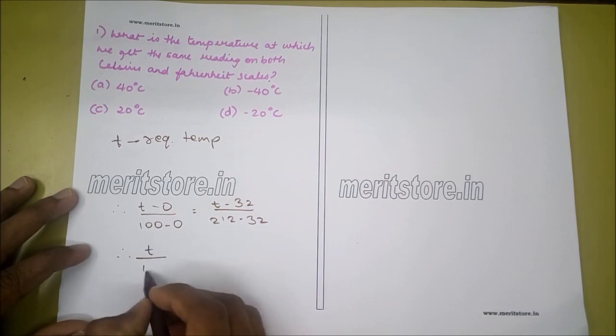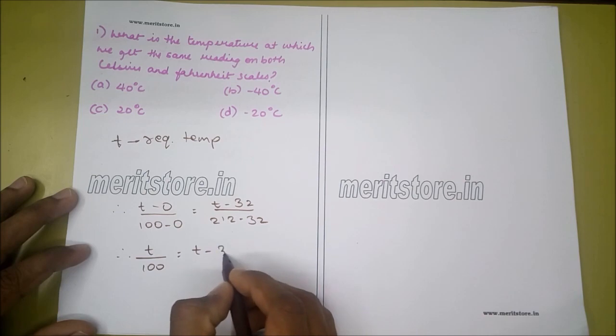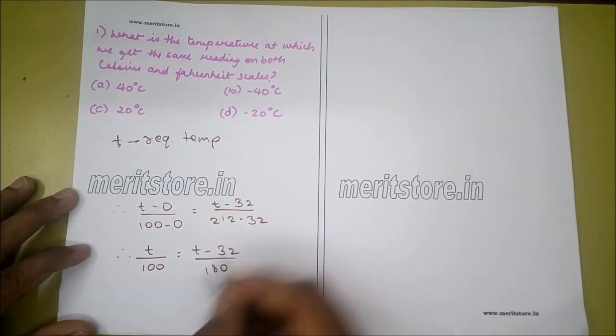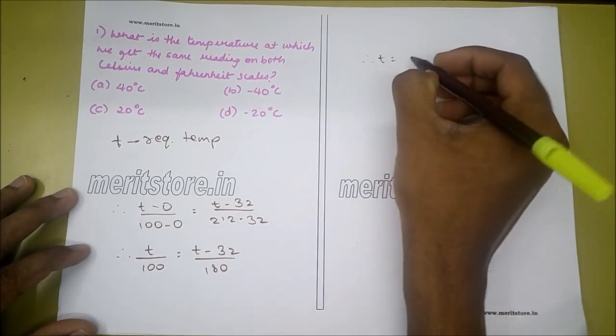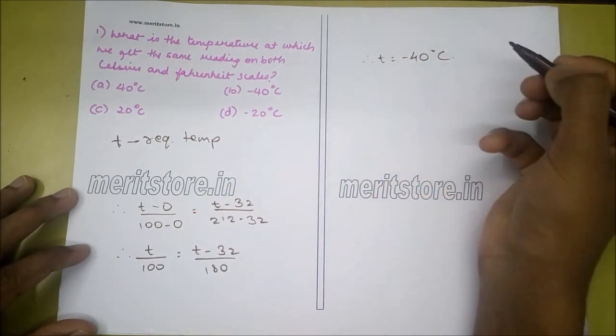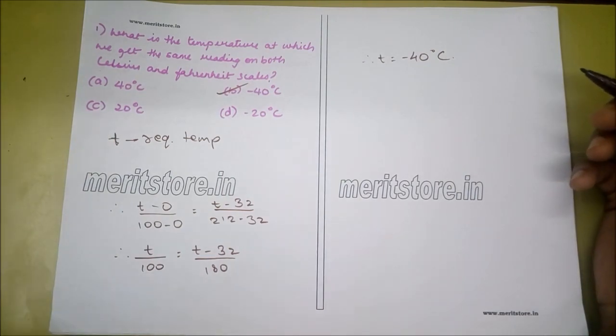So T upon 100 equals (T minus 32) upon 180. On solving this, we get the value of T as minus 40. Now this is minus 40 degrees Celsius, hence option B is the correct answer.